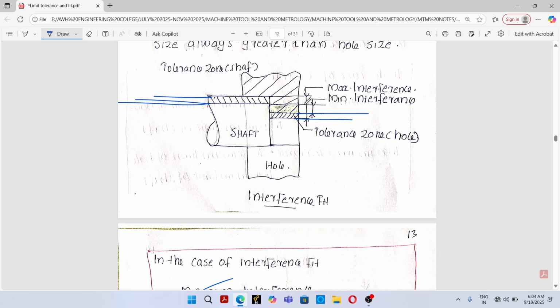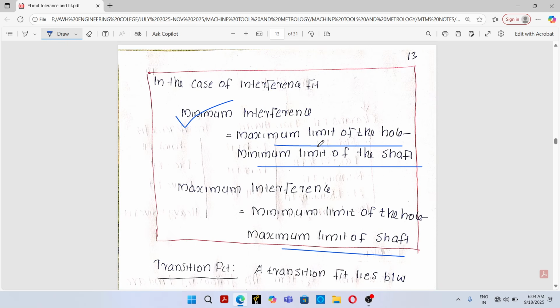You can see in this figure, this is minimum interference and this is maximum interference. Okay, so minimum interference is equal to maximum limit of hole minus minimum limit of shaft. Maximum interference is equal to minimum limit of hole minus maximum limit of shaft.